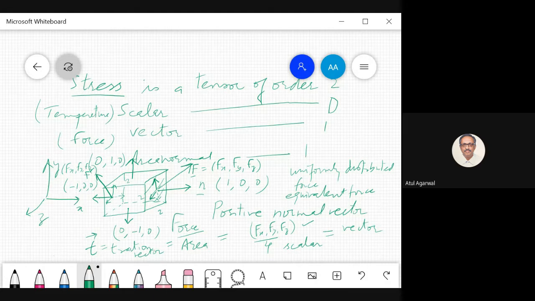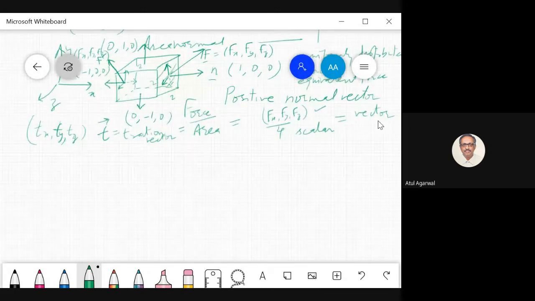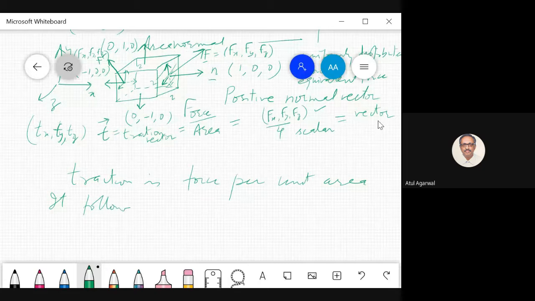So you can say the traction vector is tx, ty, tz. It has the sign convention of force. Traction is force upon area. It follows the static sign convention: positive traction, negative traction, just like positive force, negative force.